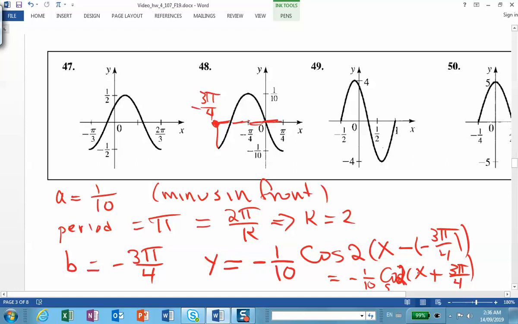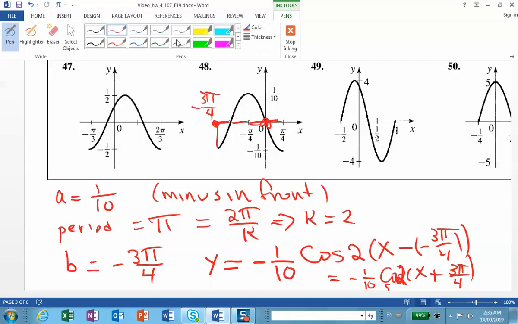You're going to get cosine of 2 times 3 pi over 4. Cosine of 2 times 3 pi over 4 is cosine of 3 pi over 2. Cosine of 3 pi over 2 is 0, and you get this. This is always a good idea to do this last minute check. All right, let's do the other ones. There's 2 more left.